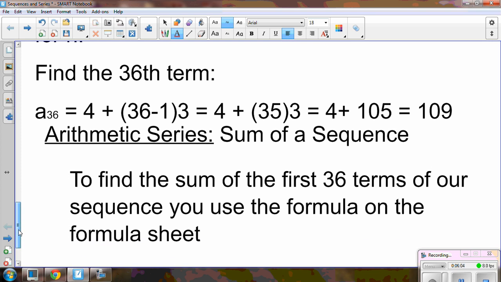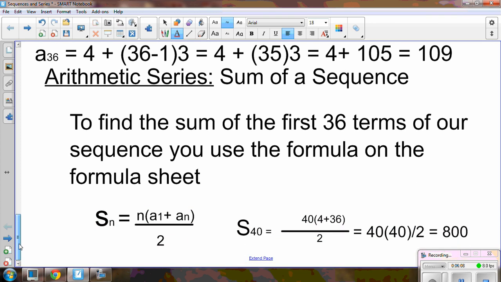But if you wanted to find the first 36 terms in our sequence, you can use the formula on the formula sheet, which is given like this. S of n is equal to n times a1 plus an, divided by 2. Now this is given on the formula sheet, and I'm going to flip to the next page and show you the formula sheet as soon as we finish this.